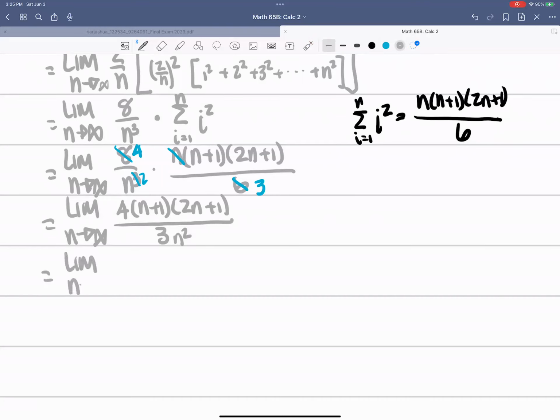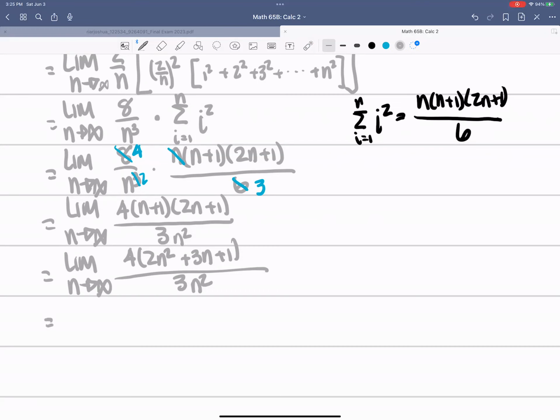So the limit as n approaches infinity of, expanding the numerator, we have 4 times 2n squared plus 3n plus 1, all over 3n squared.